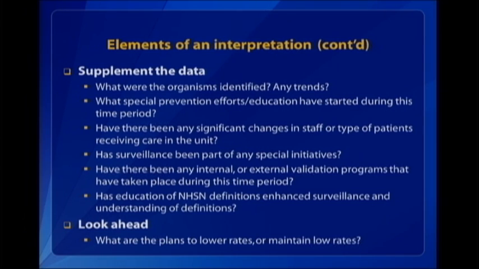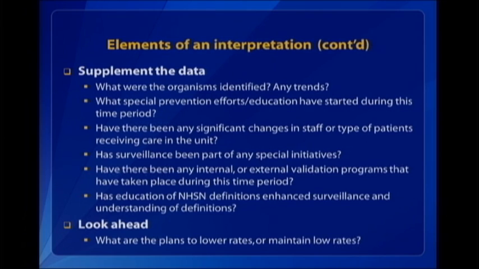What were the organisms identified? Are you noticing any trends? Are there any prevention efforts started during this time period? Have there been any changes in staff or types of patients receiving care in the unit? Do you maybe need to map this to a different CDC location when you report these data to NHSN? And even, has education on NHSN definitions enhanced your surveillance and understanding of definitions?